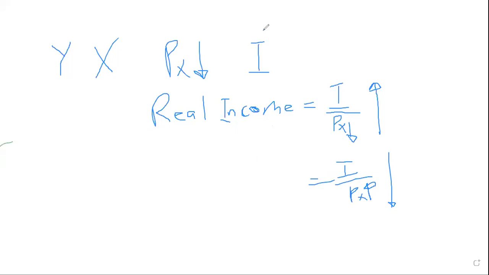So let me get it well. Let's start with a reduction in the price of X. We know that the consumer's real income is going to go up because the price of X has fallen.